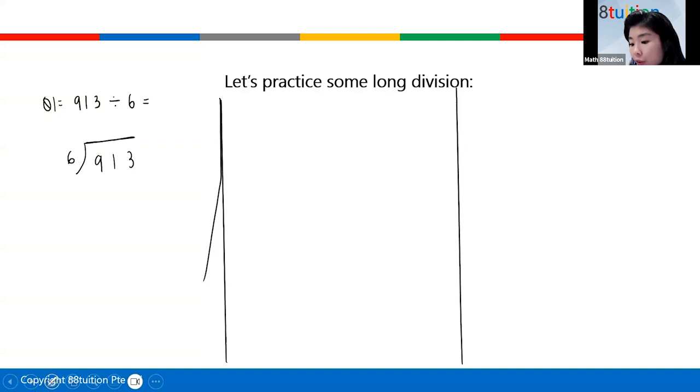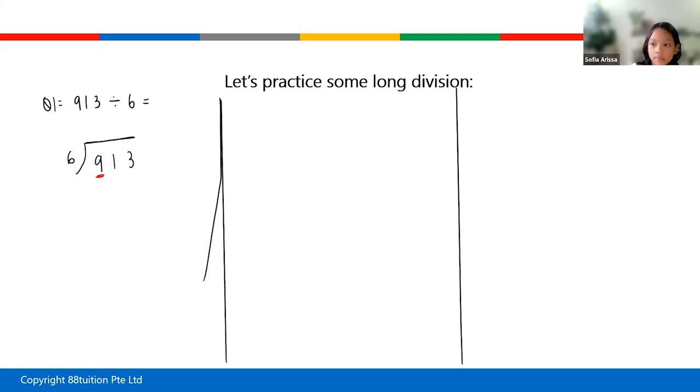Okay, good. Now, Sophia, can you tell me what number should I start with, 9, 1, or 3? 9. Good. So when we look at 9, is it divisible by 6?